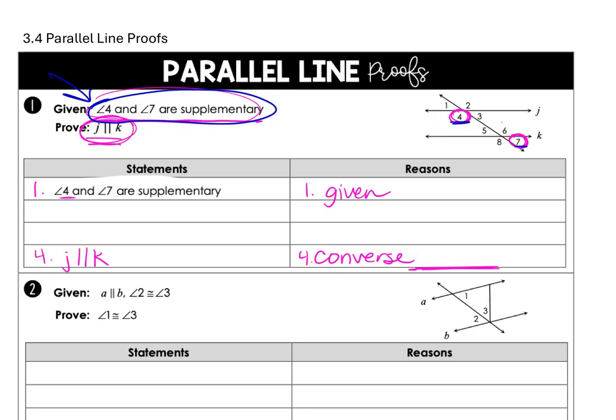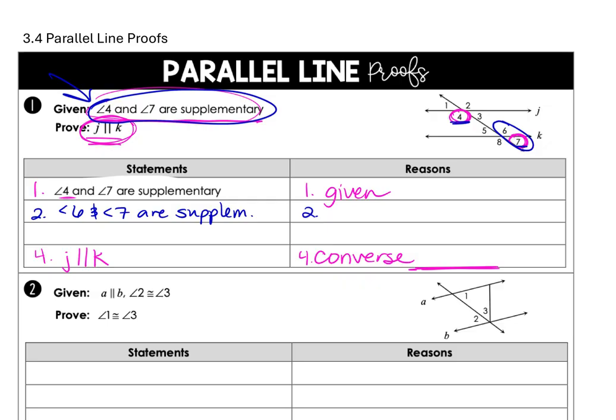Do you know anything about these two? They're supplementary. Oh, that's so interesting. Angle 6 and angle 7 are supplementary, but why? How do you know 6 and 7? I didn't even mean to do that, by the way. How do you know that 6 and 7 are supplementary?